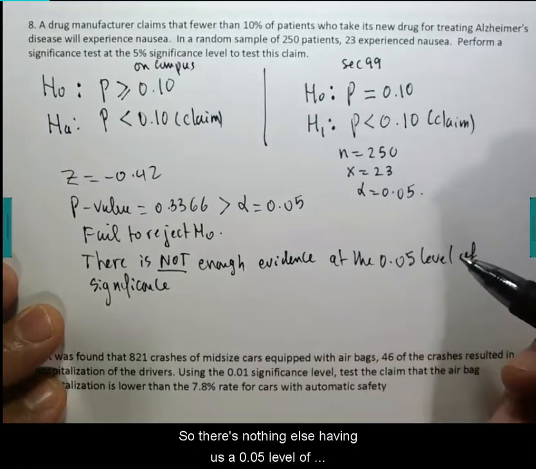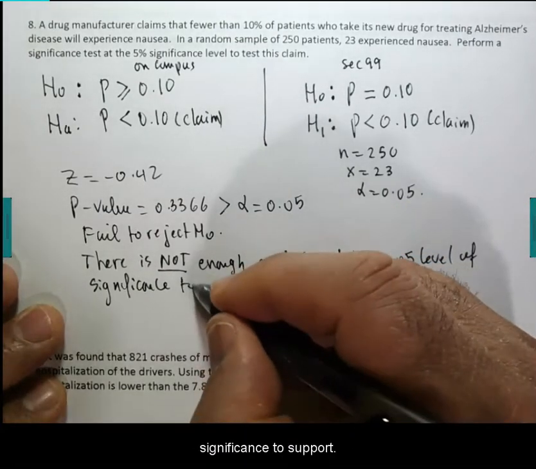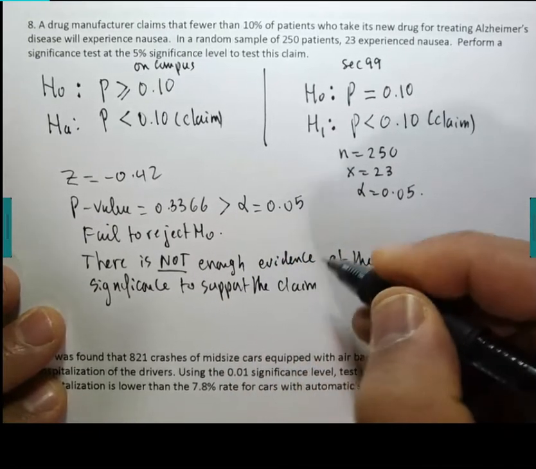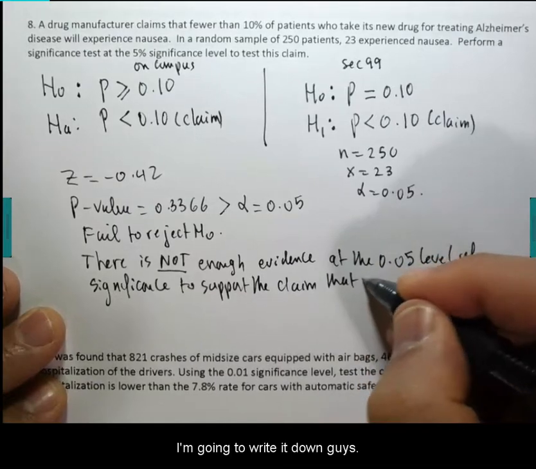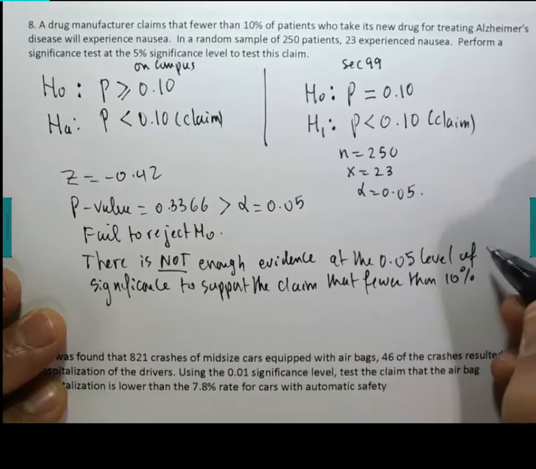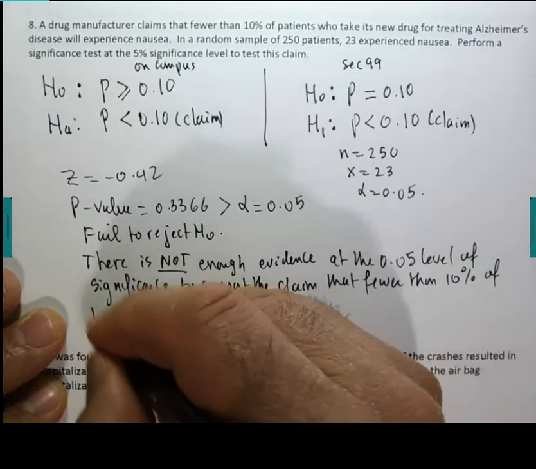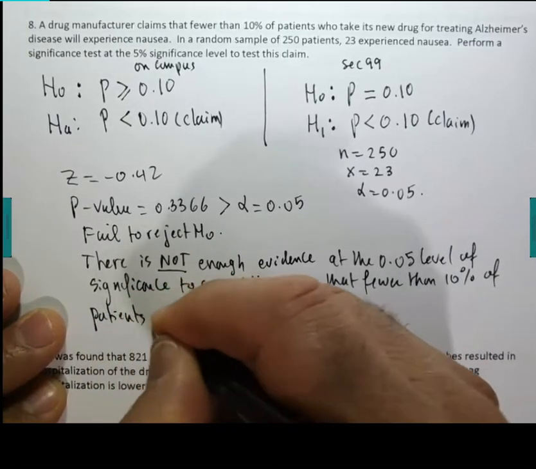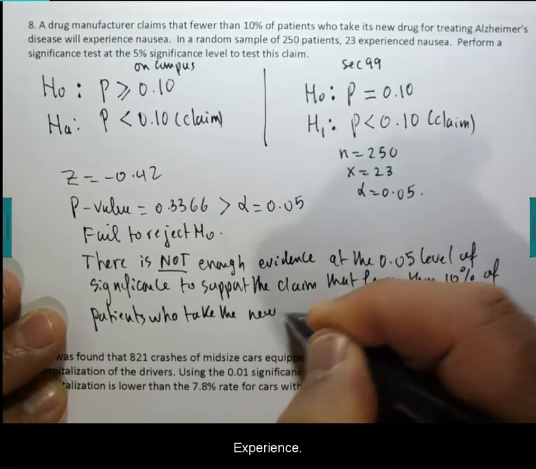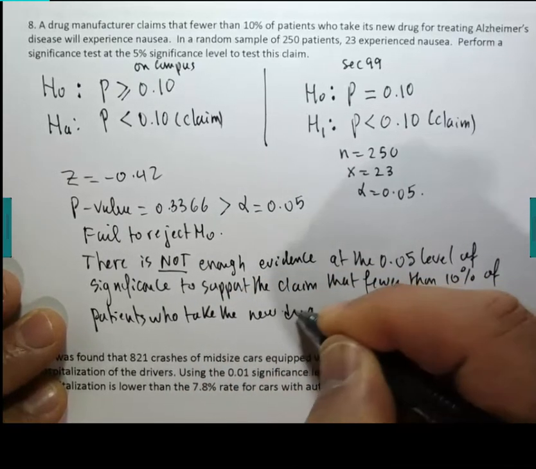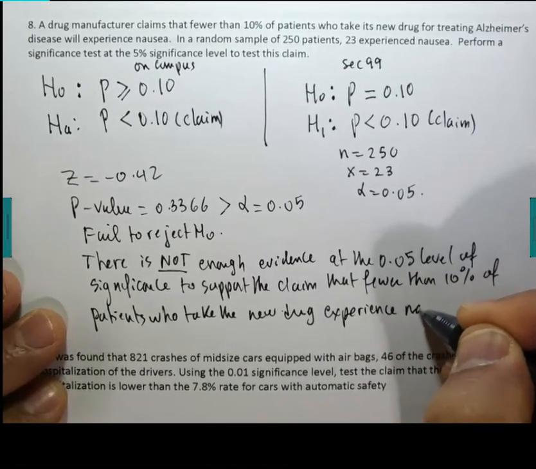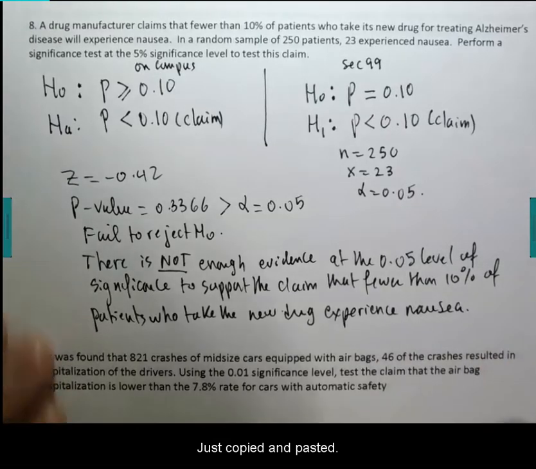So there is not enough evidence at the 0.05 level of significance to support the claim that fewer, I'm going to write it down, guys, than 10% of patients who take the new drug experience nausea. Just copy it and paste it.